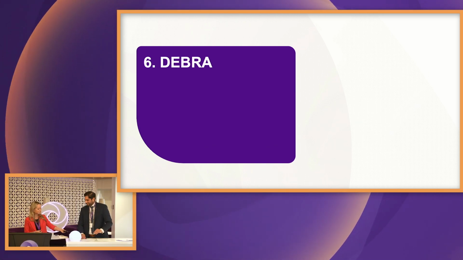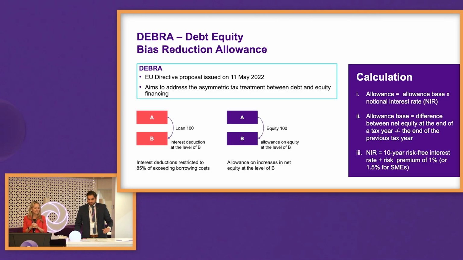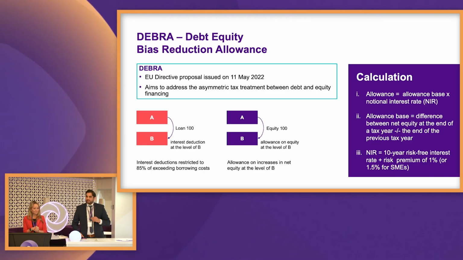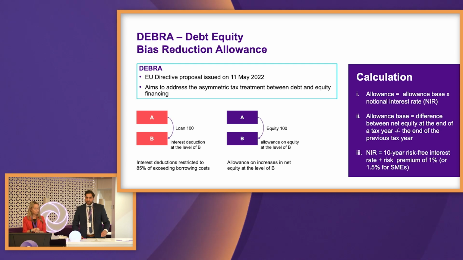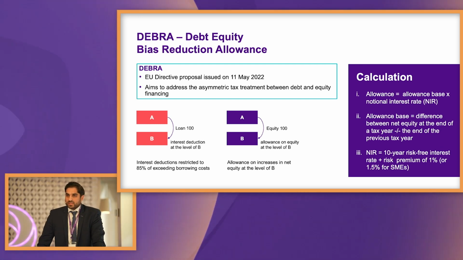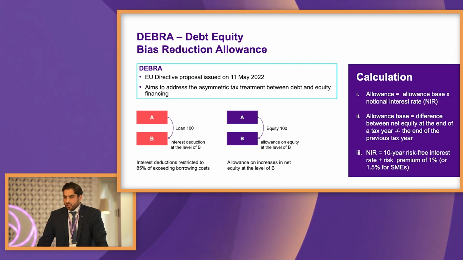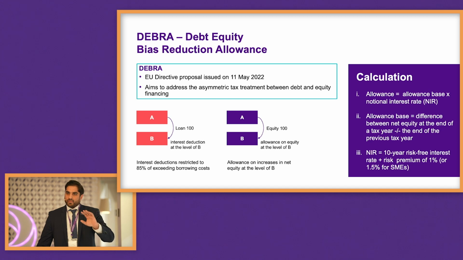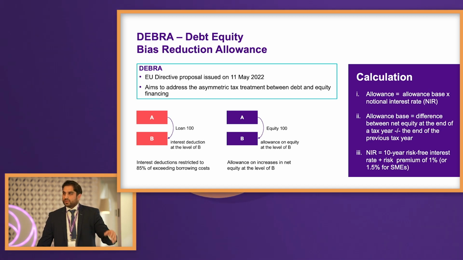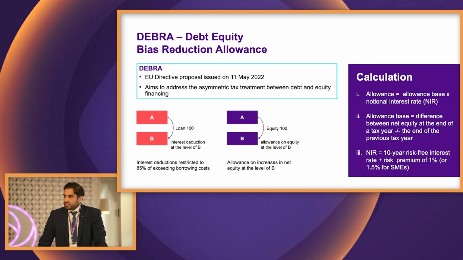Another one. So let me discuss the DEBRA rules with you. Just go to the basics a bit. So in most countries, equity and interest is treated differently. What we see is that interest is usually deductible and equity isn't. And that's why, as we go back to the map in the beginning, we have 27 member countries, each with their own tax system and their own interest limitation rules.